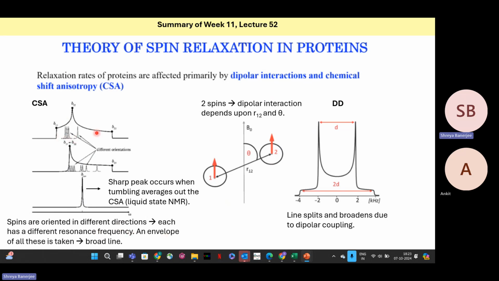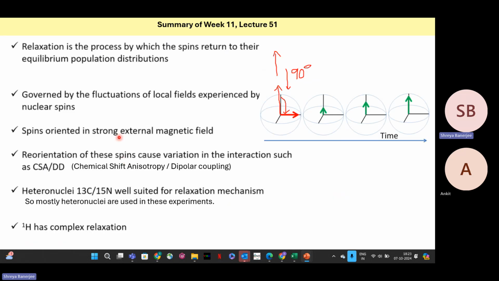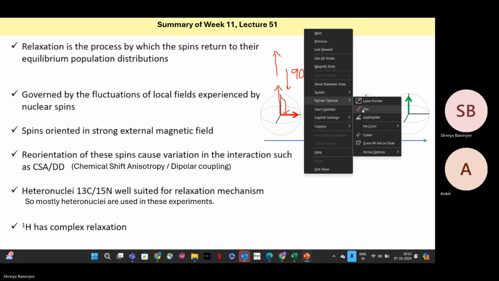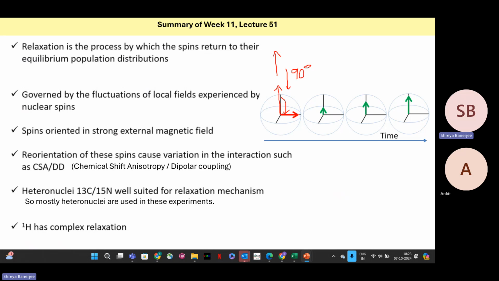You can see here that due to anisotropy in the chemical field, instead of the spin just being oriented here, some spins are oriented here, some oriented here, similarly on the other side. So it is not oriented in one particular direction, but due to these fluctuations in the local field, there are spins oriented in different directions in the XY plane.